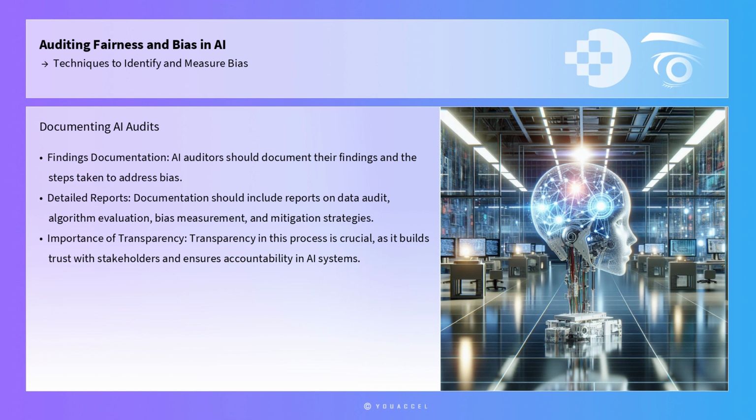Finally, AI auditors should document their findings and the steps taken to address bias. This documentation should include detailed reports on the data audit, algorithm evaluation, bias measurement, and mitigation strategies. Transparency in this process is crucial as it builds trust with stakeholders and ensures accountability in AI systems.